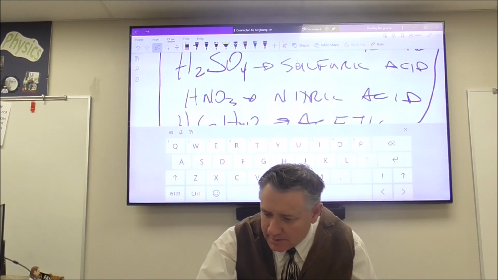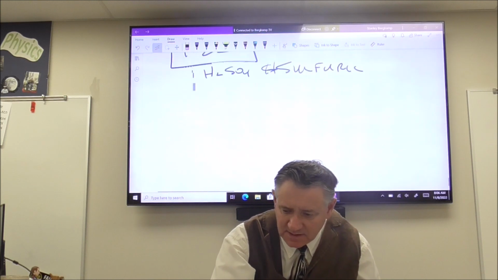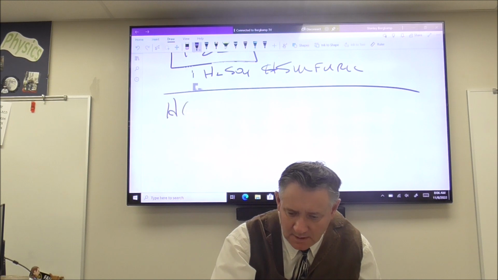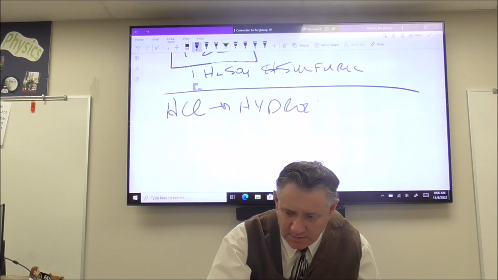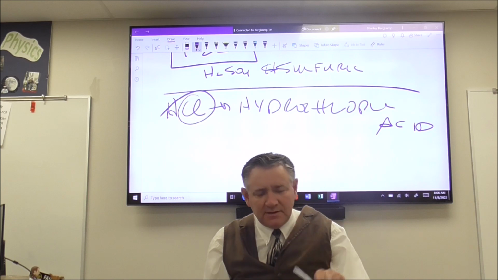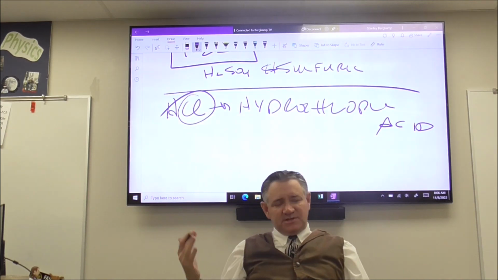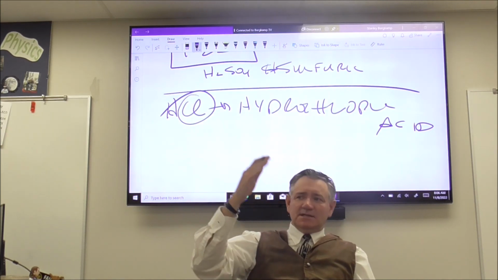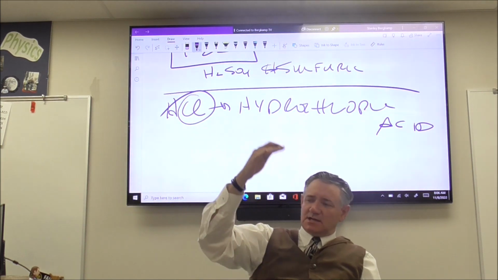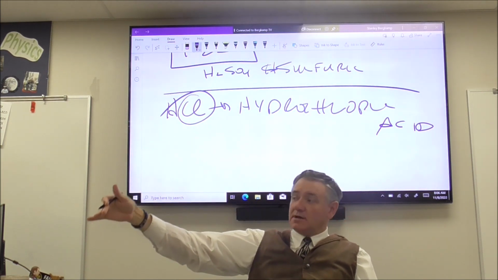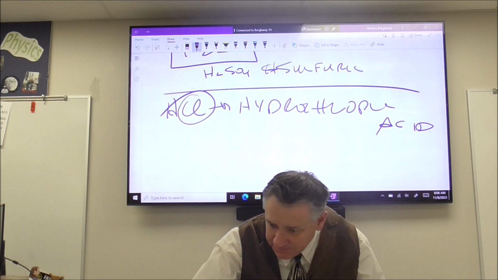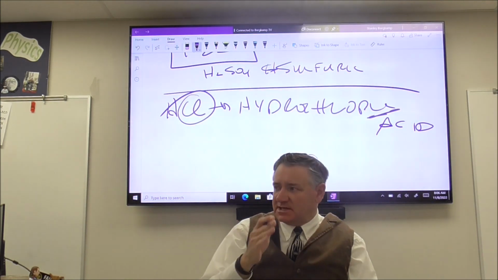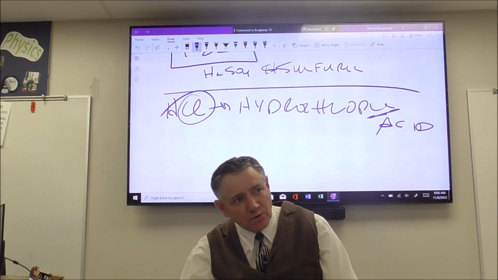This gets confused a lot. This is hydrochloric acid. Even though this is a binary compound, this is kind of the obscure rule: we don't change that ending to IDE. It isn't hydrogen chloride, because it's an acid, that's why we change that ending to hydrochloric.